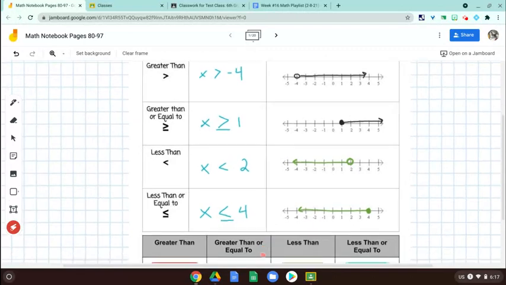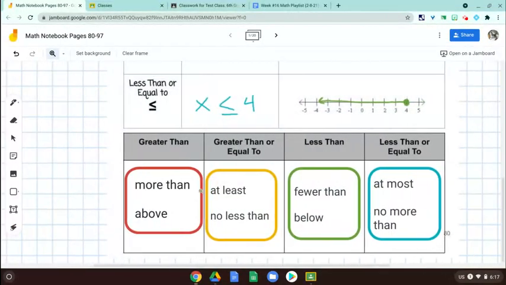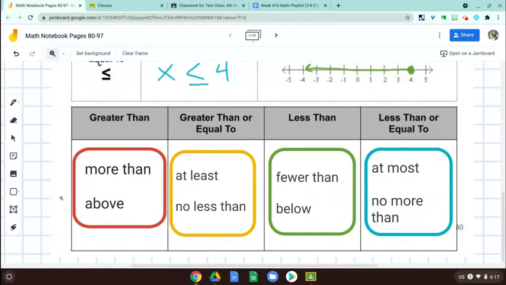Now, going on to some more vocabulary, or rather clue words that you'll find in word problems that involve inequalities. If you see a word problem that is regarding greater than, you'll see words like more than or above. And we'll run into a few of these problems in our class. Word problems that talk about greater than or equal to, you'll see words like at least or no less than.